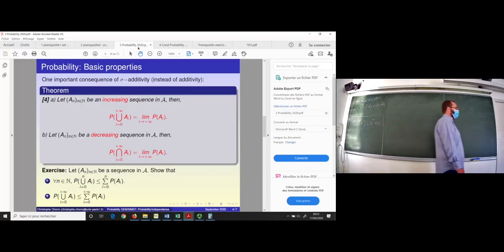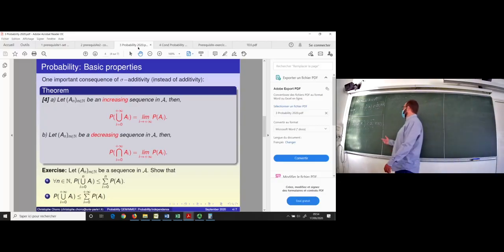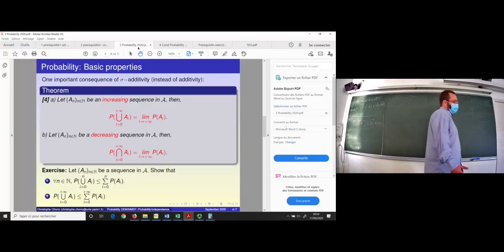So in the first question, I have proved that it is true for any n, so for n equal to 0, n equal to 1, n equal to 2, and so on, okay? And I want to prove that it's true when I replace n by plus infinity, that is when I take the limit.